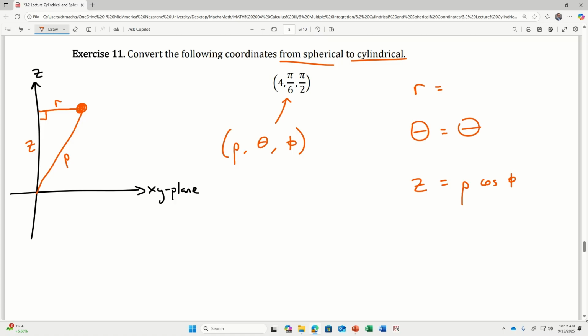I guess I would use the Pythagorean theorem and say r is equal to the square root of what? No, because rho is the hypotenuse. And since rho is the hypotenuse, we would have rho squared minus z squared. That's the way we can get r.